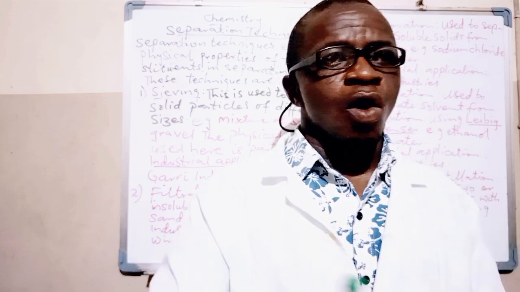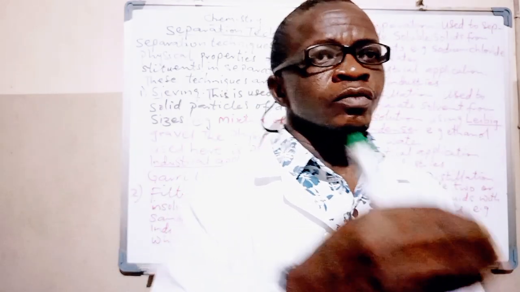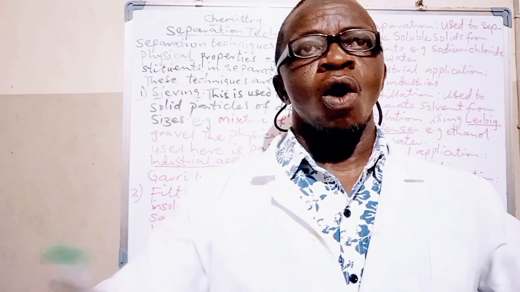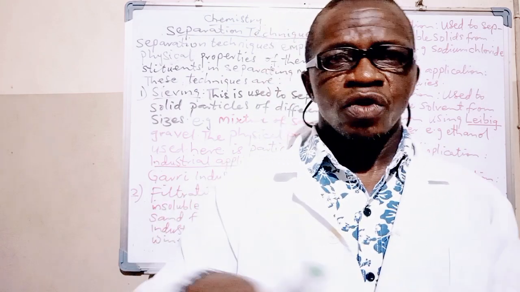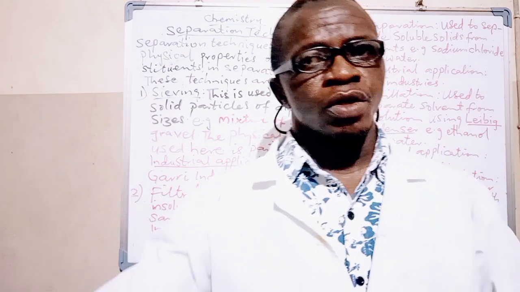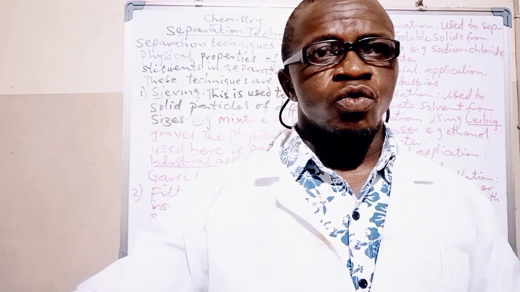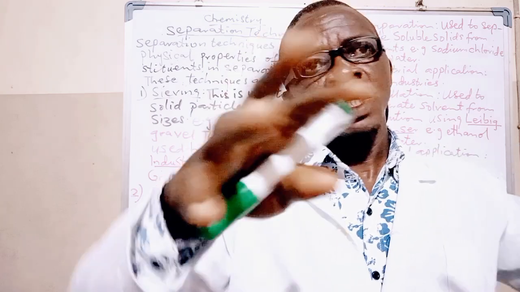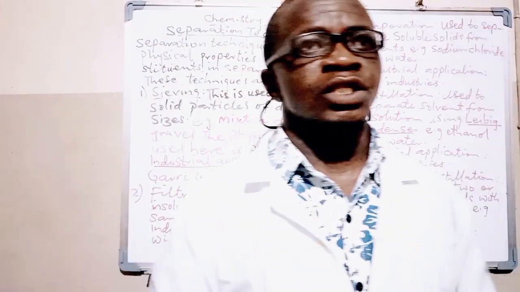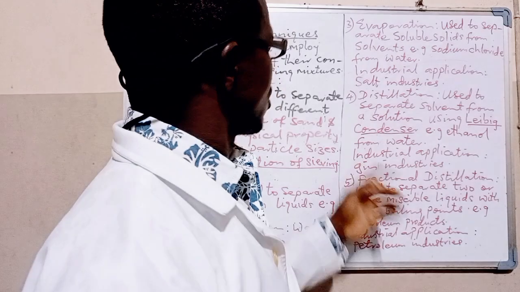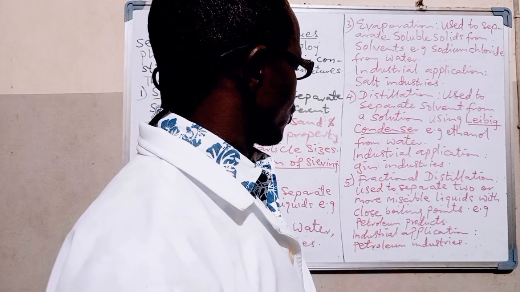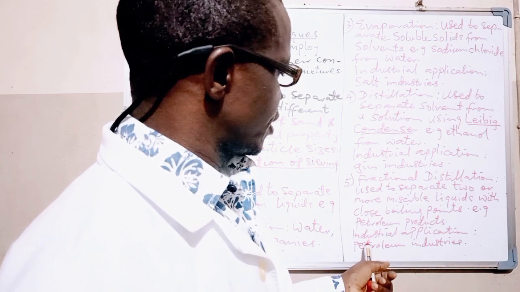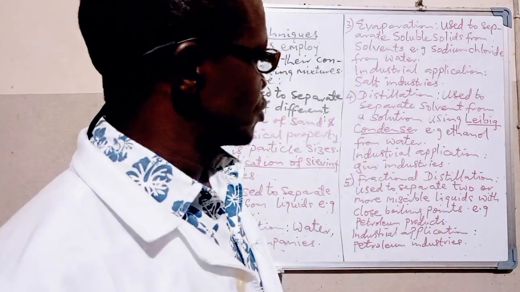These are all products of petroleum. Using fractional distillation, you can separate all of them. They have close boiling points, so one component will come out at a certain temperature, another one will come out at a higher temperature, and another one higher than that, till you get all the components of the crude oil. Where it is being used is in petroleum industries.